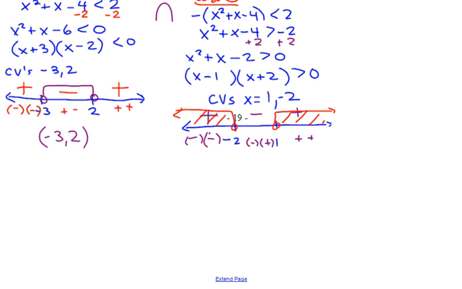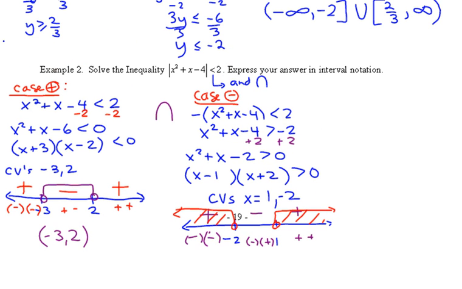Remember that it's open because the original inequality has no equal to symbol underneath. The easiest way to figure out the intersection is just to draw it. So draw both of them. We need to put all our critical values on our new number line: negative 3, 2, 1, and negative 2.